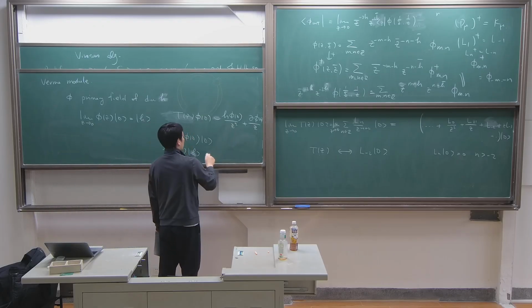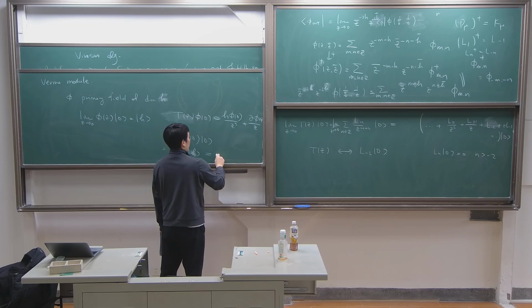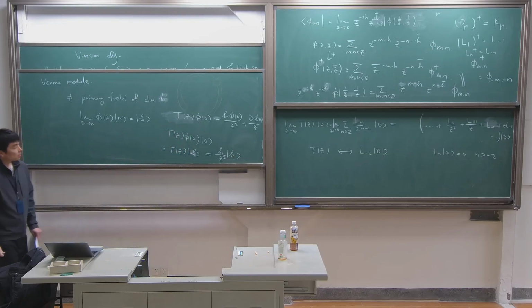And the right-hand side is in fact given by h over z squared. So this is a rough correspondence.